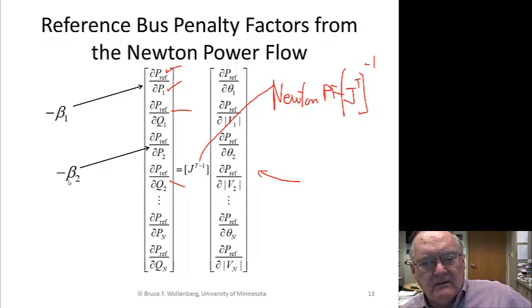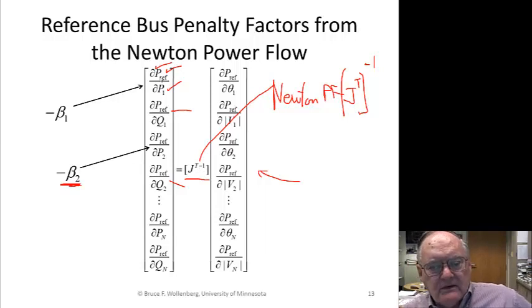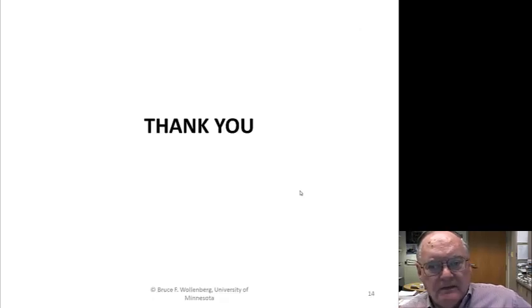Those are the negative of this beta term that we're looking for. So we could take the power flow. Once we've solved the power flow, we calculate these terms multiplied by J transpose inverse, and we get these terms. We put them back into our economic dispatch. We do the economic dispatch. We come back, solve the power flow to equal that dispatch, get new values, and iterate to a solution. Thank you very much.